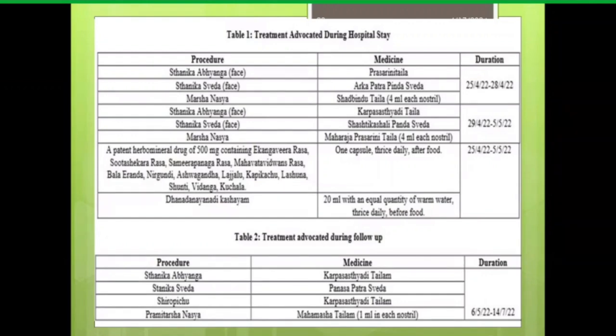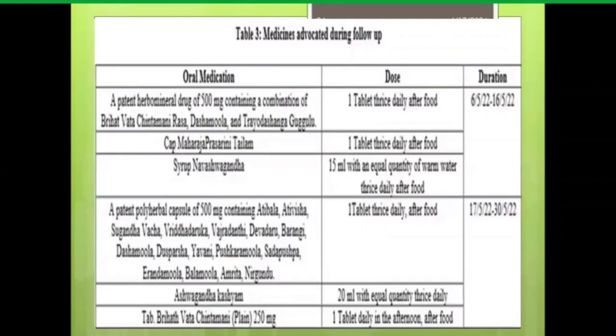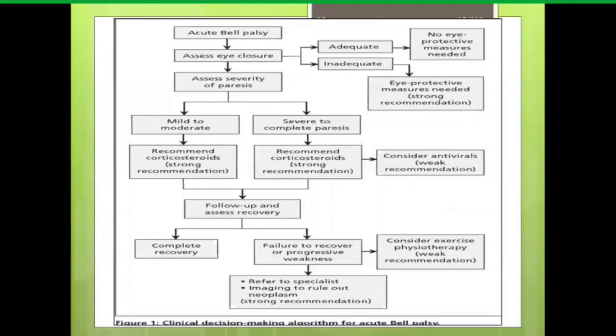Other medications were given, and during the follow-up Karpasasthyadi Tailam was used for Sthanika Abhyanga, Sthanika Sveda with Panasa Patra Sveda, Shiropichu with Karpasasthyadi Tailam, and Pratimarshanasya with Mahamasha Taila, 1 ml in each nostril. Oral medications included Maharaja Prasarini Taila capsule and Ashwagandha syrup, and ultimately the best relief was observed.